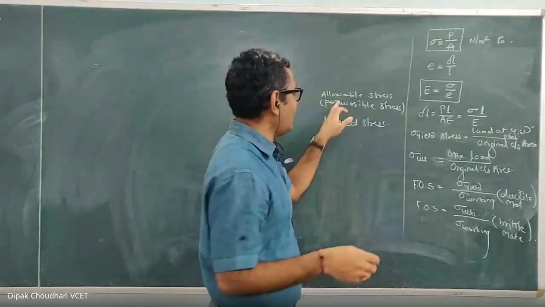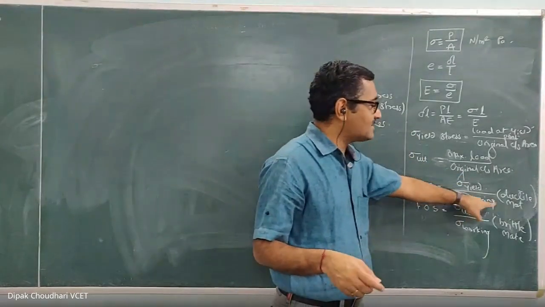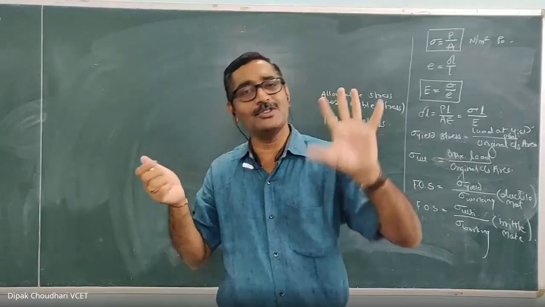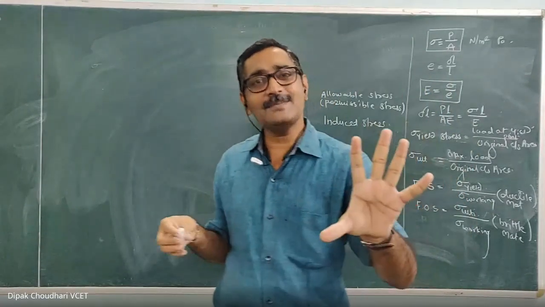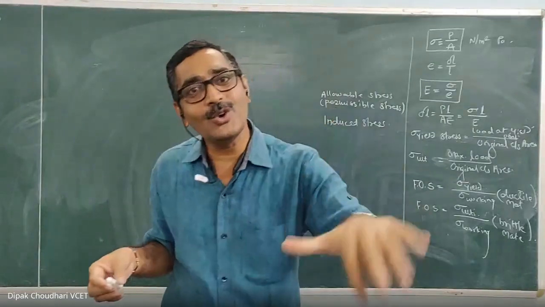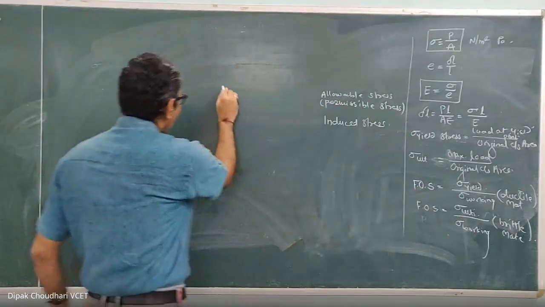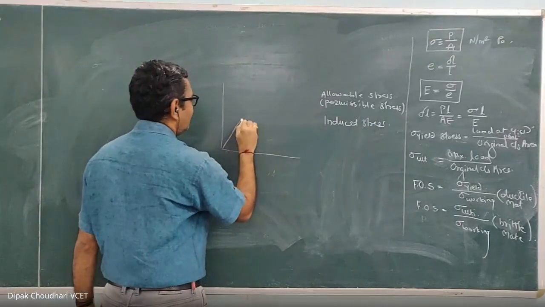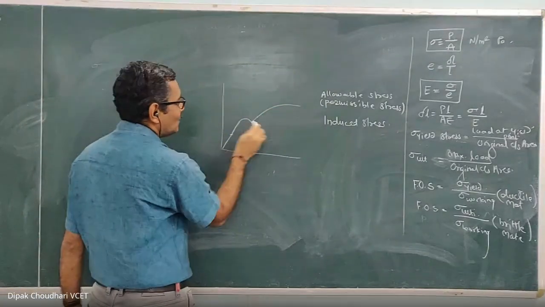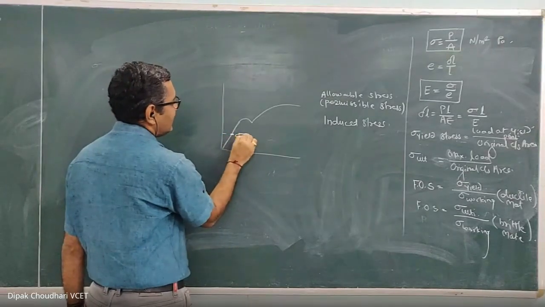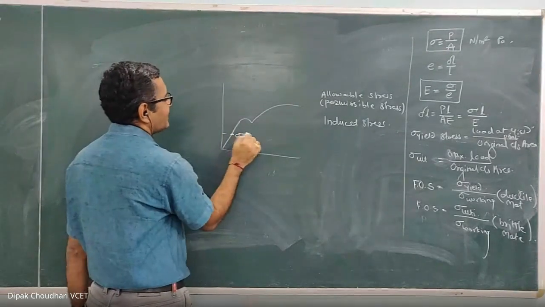Most of the time the allowable stress, working stress, and design stress are the same, and this much stress is allowed to be induced. In any circumstances, the induced stress should not go beyond the allowable stress. For any particular material, this is the design stress or working stress, or you can call it the allowable stress.